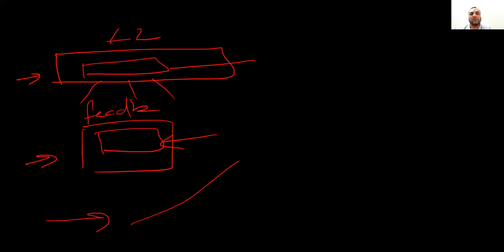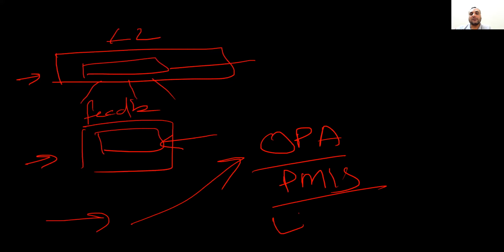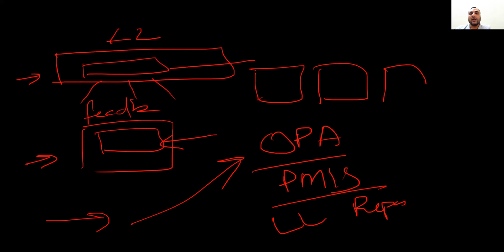All these things will be uploaded into OPA, or we call it PMIS, or we call it the lessons learned repository. And relevant project files will be distributed to the relevant stakeholders. We call it distribution of project files or dossiers. Then the project manager can leave the job and go to another project. That is the predictive life cycle of the project.